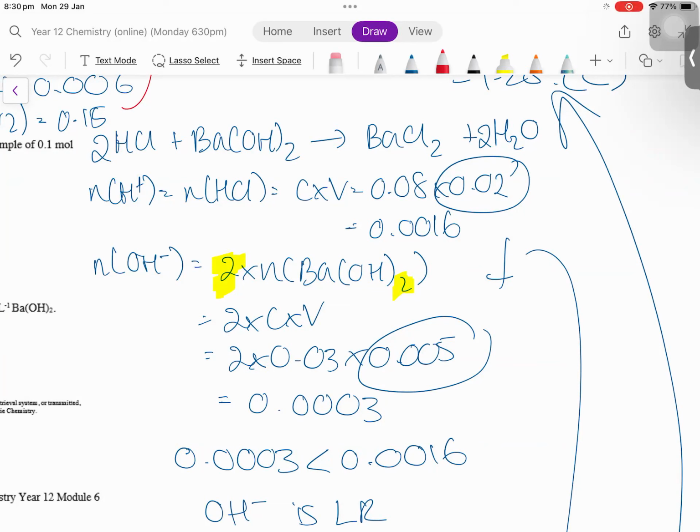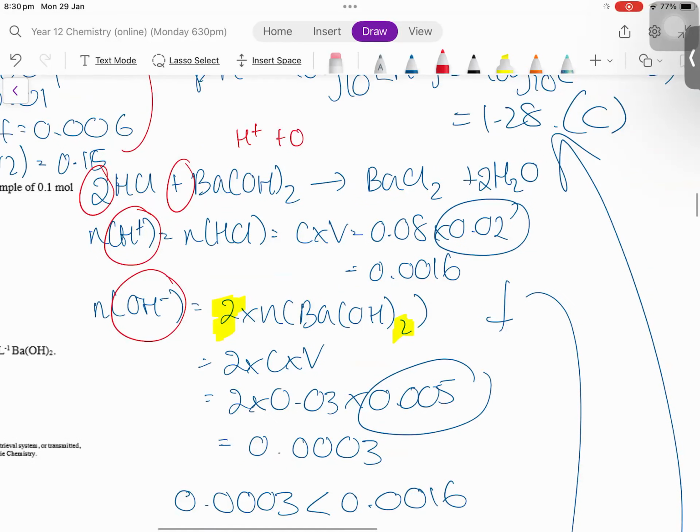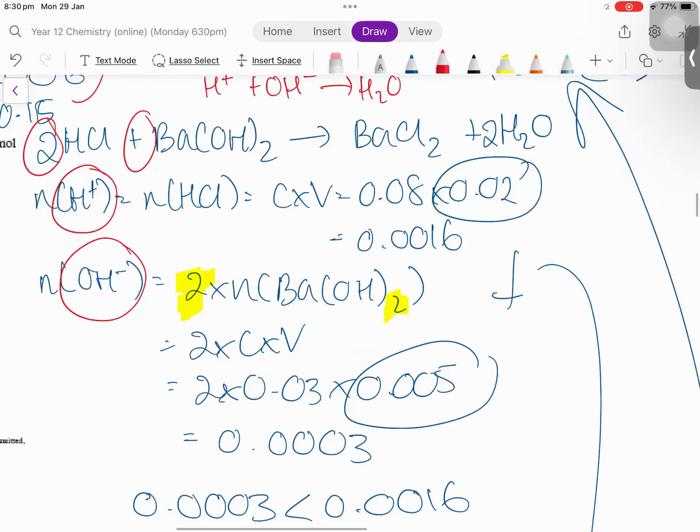Because you can figure out the moles of the acid and the base completely, like moles of HCl and moles of Ba(OH)2, but then your limiting reagent calculations get a bit more annoying because you have to consider these ratios at the front. But I go ahead and calculate the moles of H plus and OH minus straight away because that reaction is always a 1-to-1 ratio. So it's easy to just compare the numbers. So for OH minus, the bracket around OH in the formula has a 2 on it.